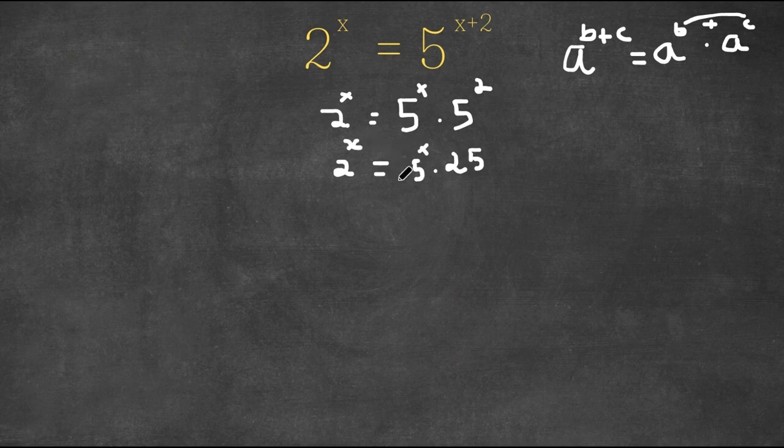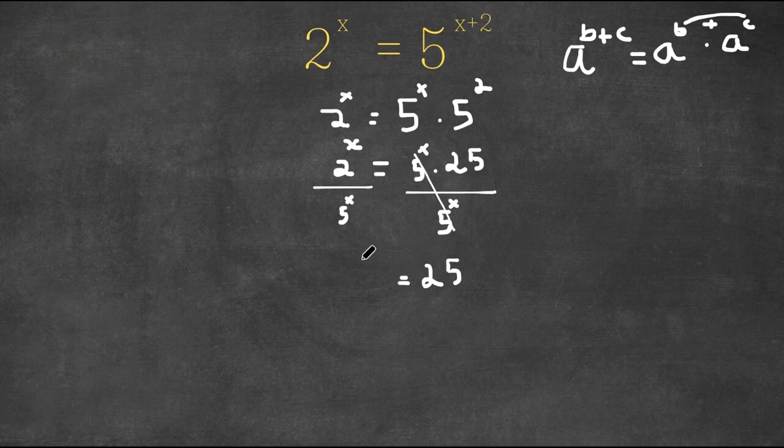Now what we're going to do is divide both sides by 5 to the power of x. If we divide both sides by 5 to the power of x, for this side, these two will cancel out. So on our right-hand side, we'll just have 25.